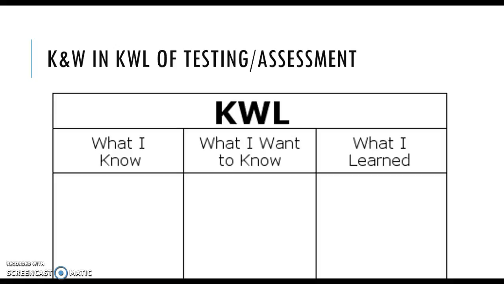And at the end of the course, I'll give it back to you to fill out the L piece. So I have hard copies. And so what I would like for you to do is just go ahead and fill out what do you already know about literacy assessment, literacy testing, and what are some things that you want to know about them.